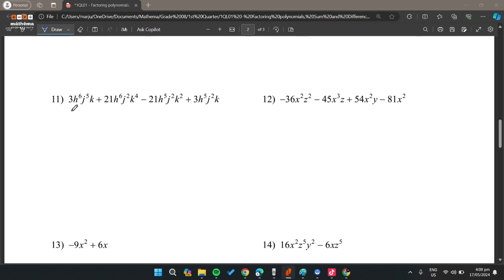So again, look at the number. So what is common? 3, 21, negative 21, and 3. What is the common in terms of the numbers first?